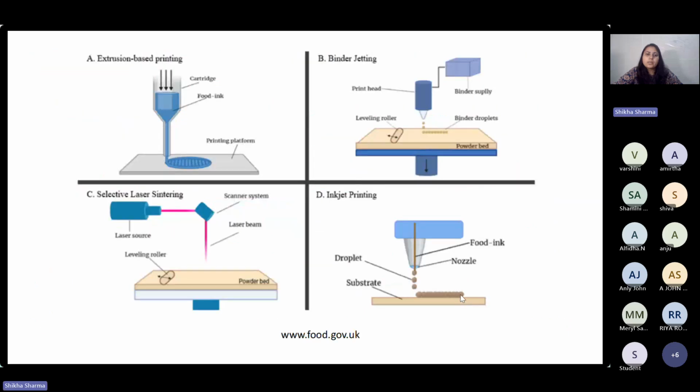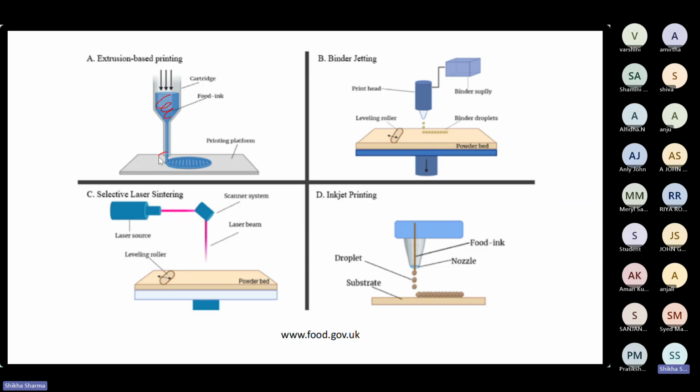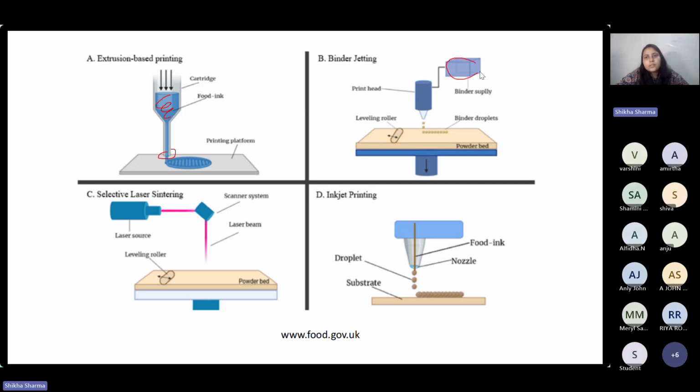So from the diagram we can understand the differences. In extrusion based printing, an extruder is there which will pass the food through a nozzle. Then binder jetting: here we see the binder supply, the liquid supply of the binder.